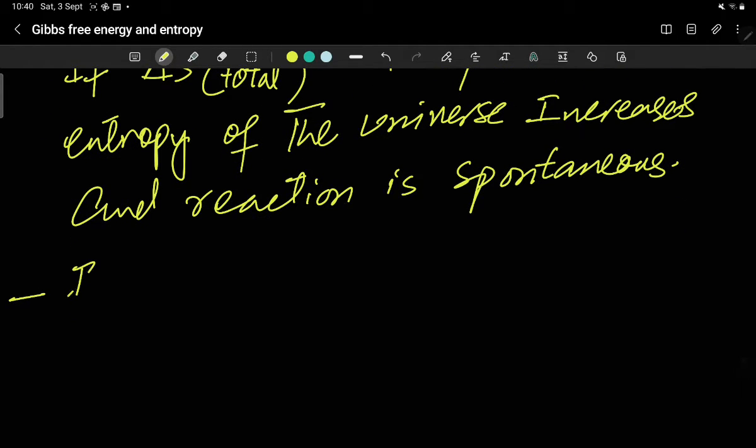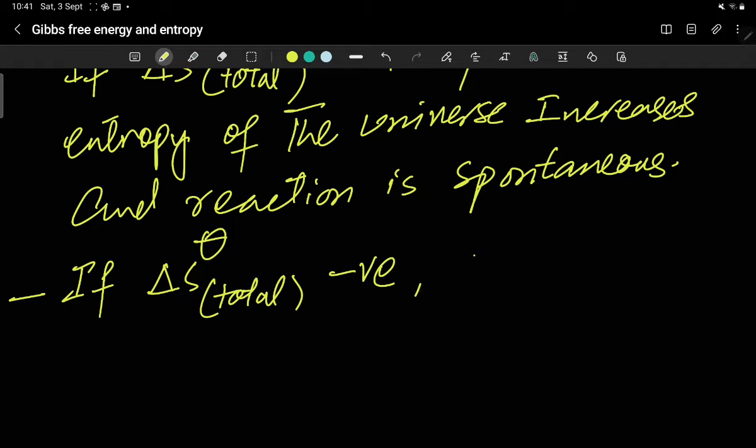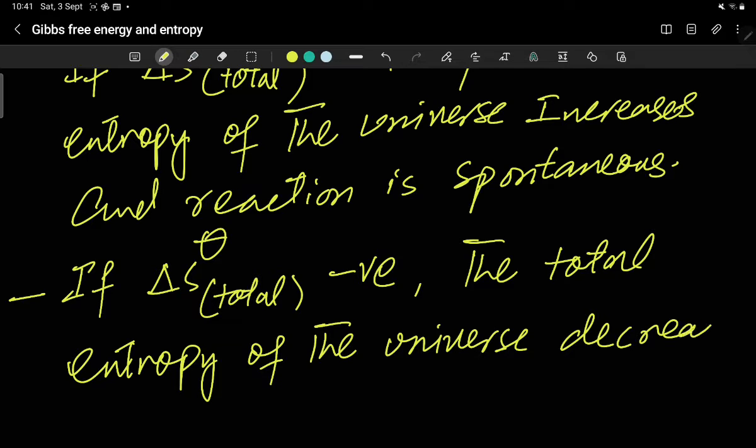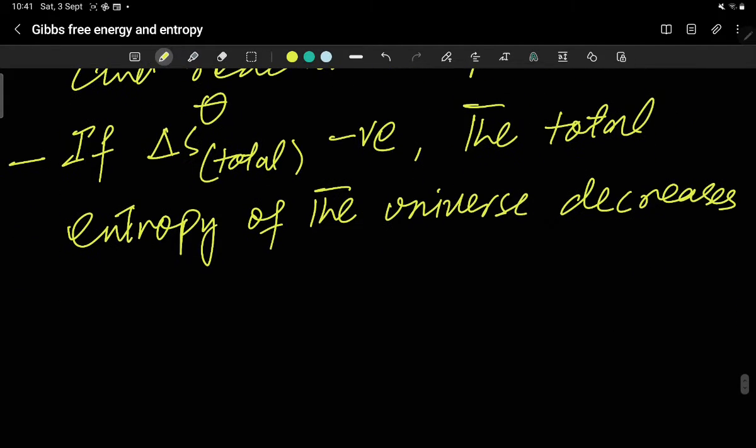On the other hand, if it is negative, the total entropy of the universe decreases and the reaction is non-spontaneous.